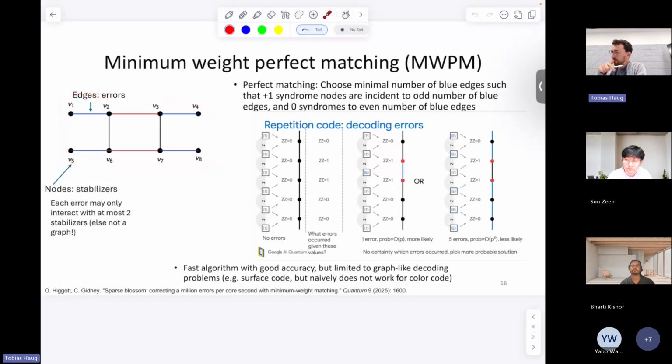Then the perfect matching, what it does is you basically solve a particular graph problem.